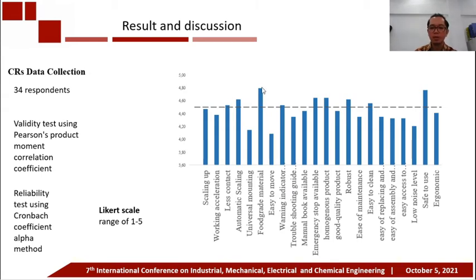You can see this is the most important factor in designing food processing machinery. We get some data above the black line, or above 4.5, which are the most important customer requirements, and also serve as information to identify engineering characteristics.